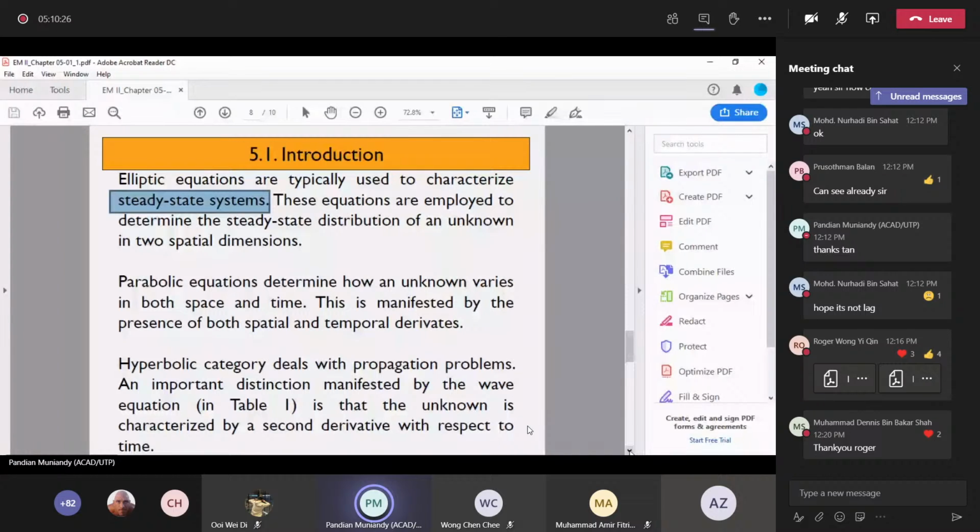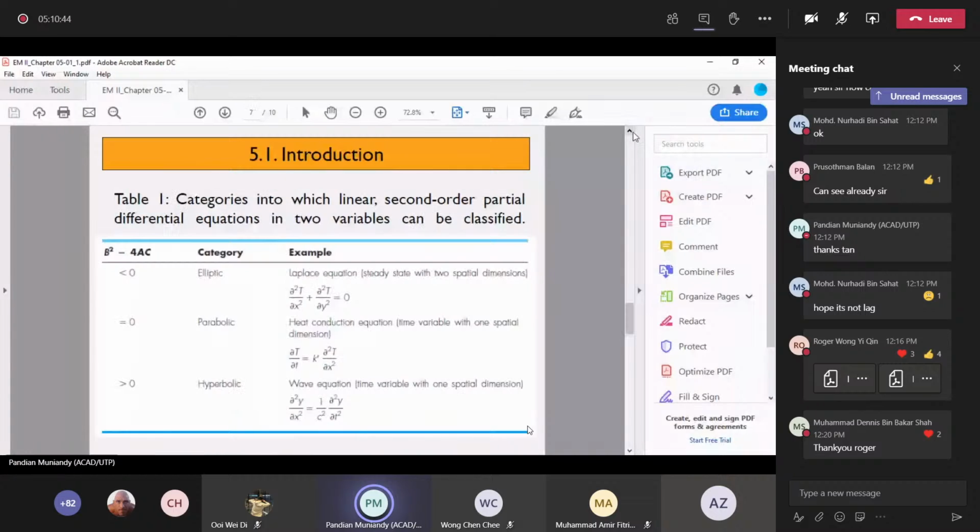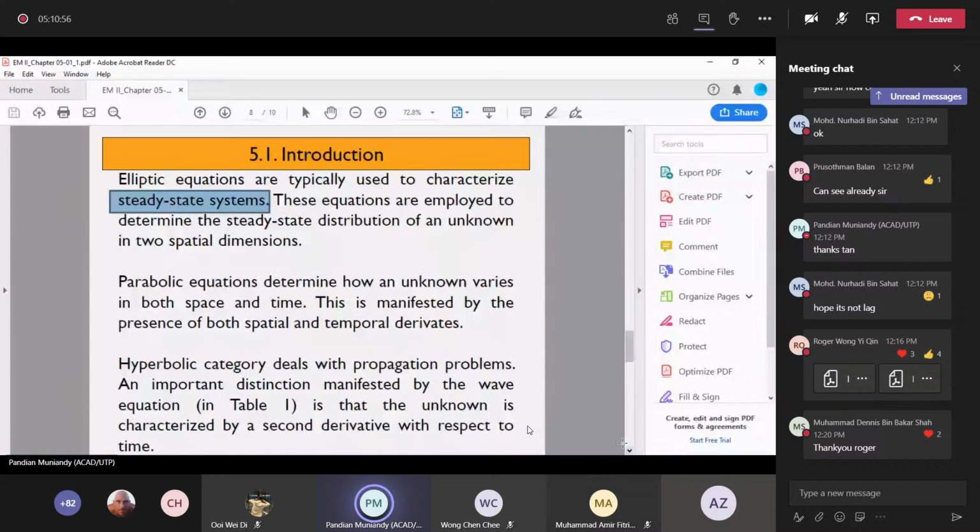What about parabolic? Parabolic equations determine how an unknown varies in both space and time. In this case, the unknown is your capital T, and the known variables are time and distance, t and x. So that is the meaning, t and x. Parabolic equations determine how an unknown, that is temperature, capital T, varies in both space and time. So space is the x variable, small t is the time variable.